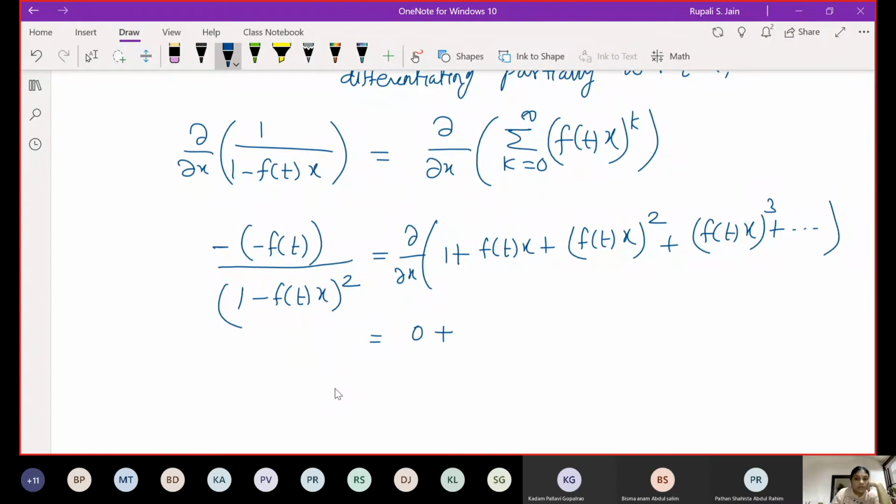First term is 0, second term is f(t), third term is 2 times f(t)^2 x, plus 3 times f(t)^3 x square, and so on. So what is this?